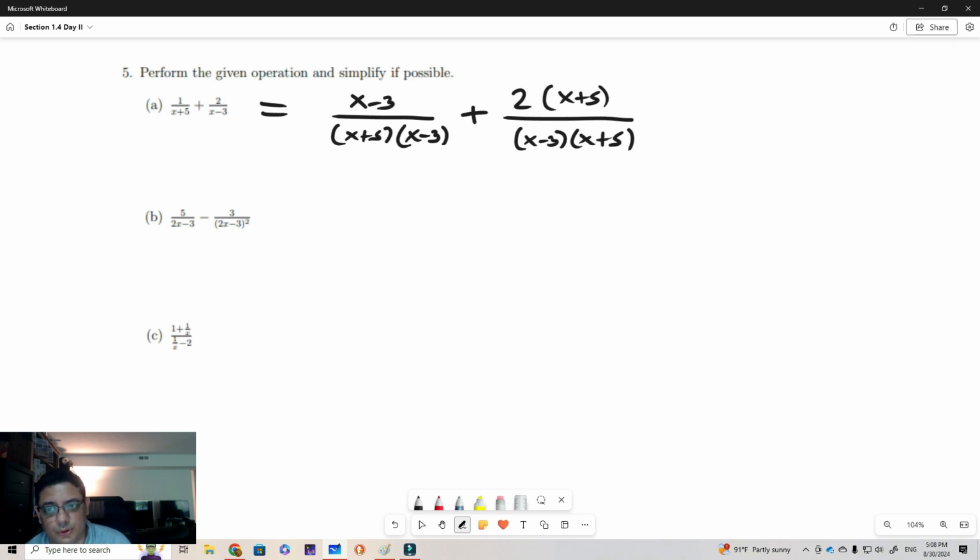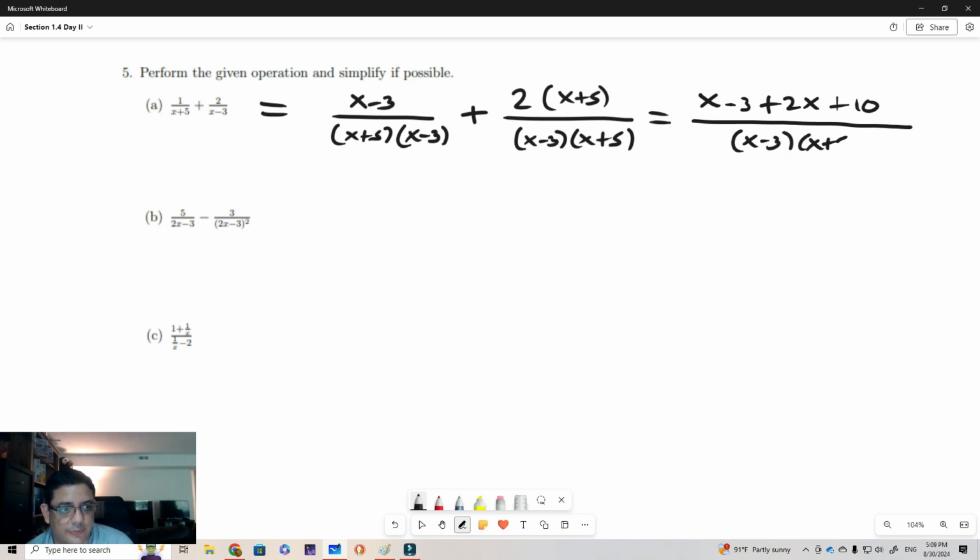We're multiplying these pieces up and down for whatever we need. Now we fold this into a single expression. This is x minus 3 plus 2x plus 10 over x minus 3, x plus 5.